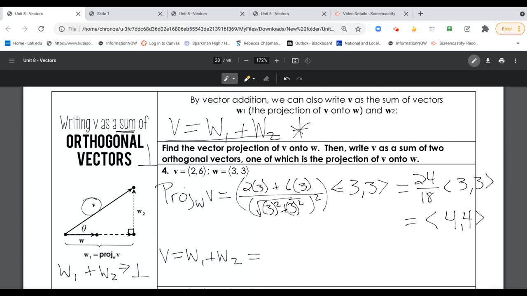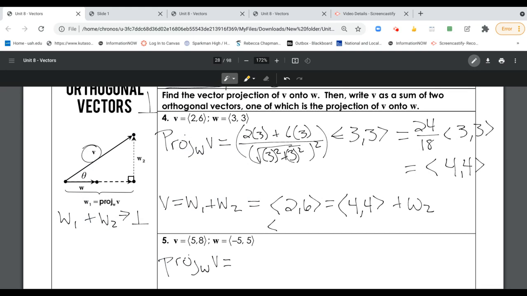So now I have vector 1 and I have my vector 2. We're going to write down what we know, which is 2, 6 is equal to vector 1 plus vector 2.